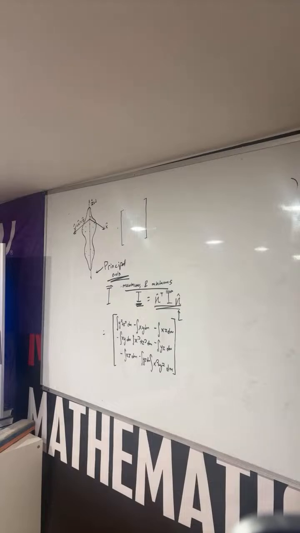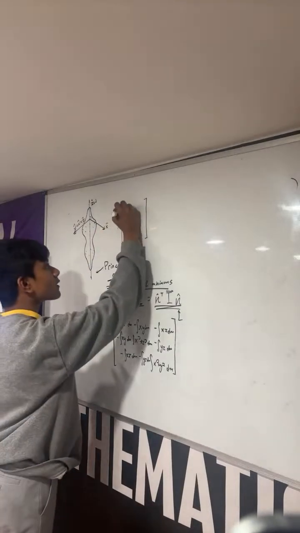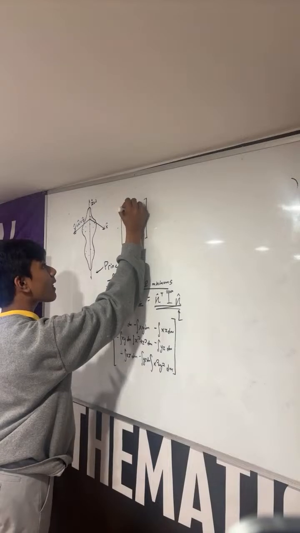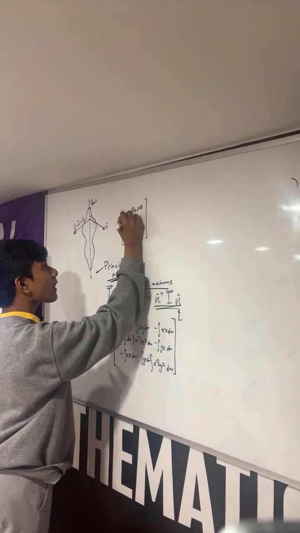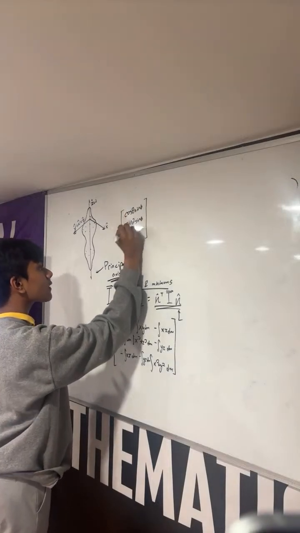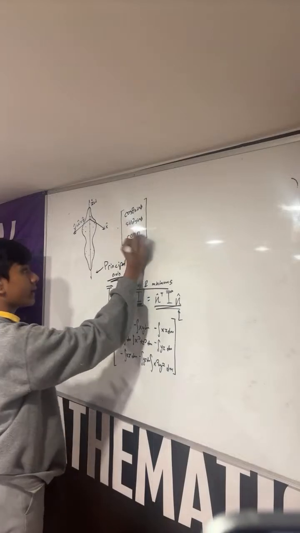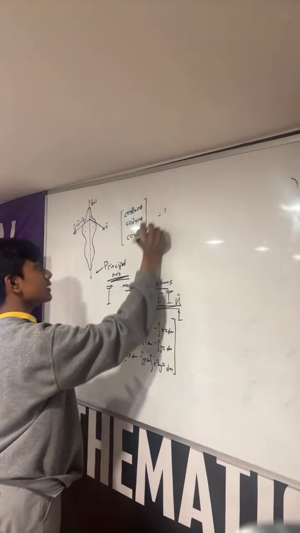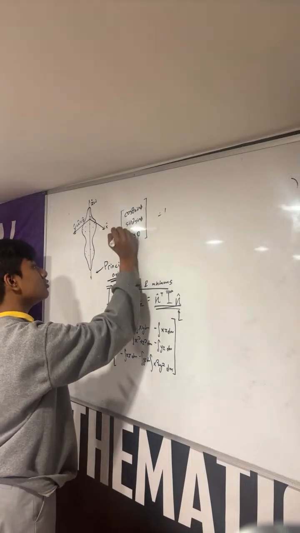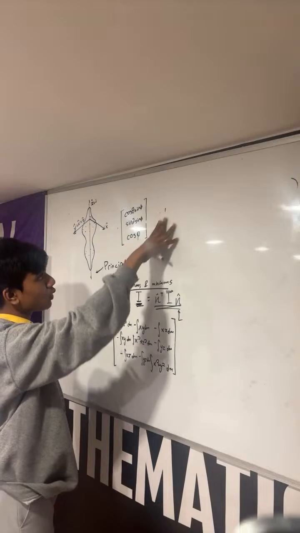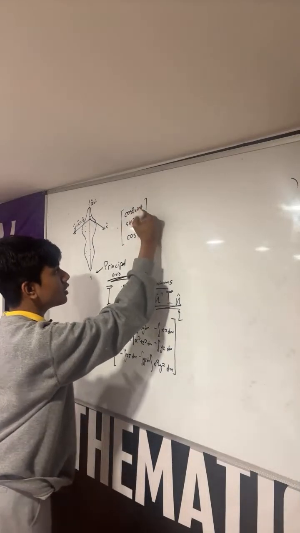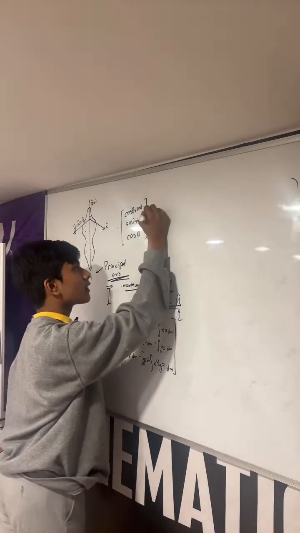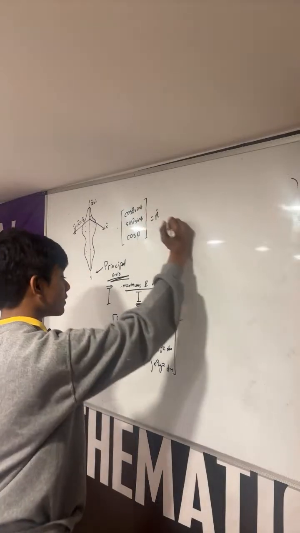Cosine theta sine phi, sine theta sine phi, cosine phi. And of course, you'll notice that the magnitude of this is 1. Multiplying everything by rho, the radius, which happens to be 1 here, will just give you rho. Okay, so this is our unit vector.